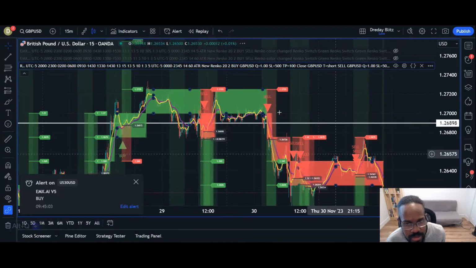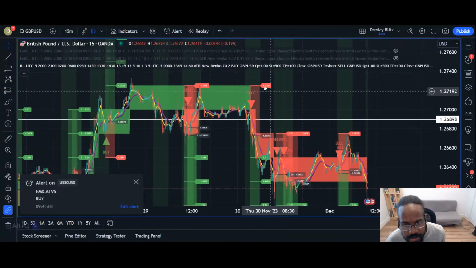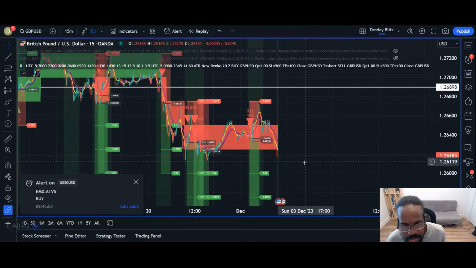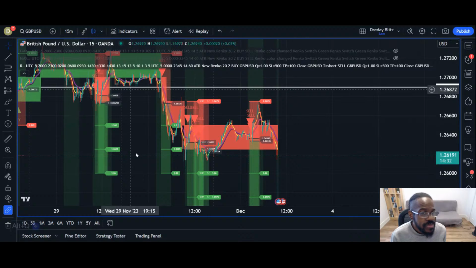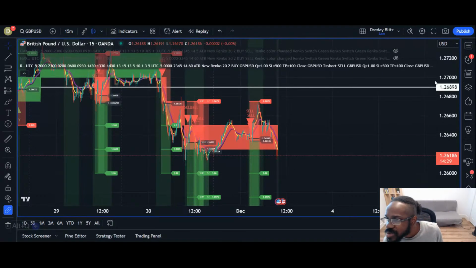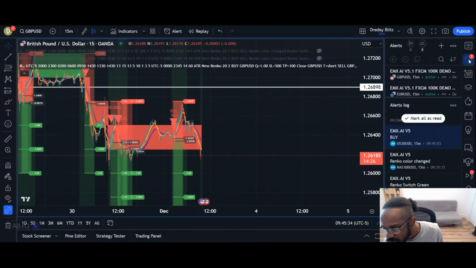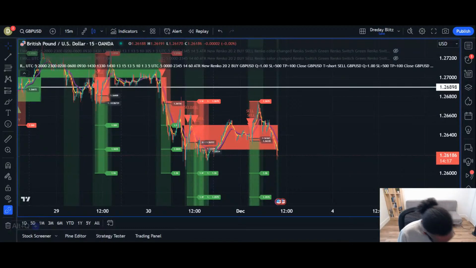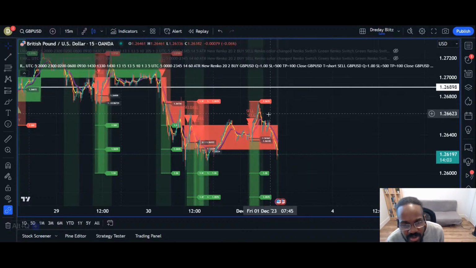So it's still, the last time that it switched, it was right here. So it's still looking bearish here. Okay. So we did receive a message. Let me check. I'm just going to see what it is. Yeah, so just Renko color change. All right. So nothing new so far. No other signals yet.